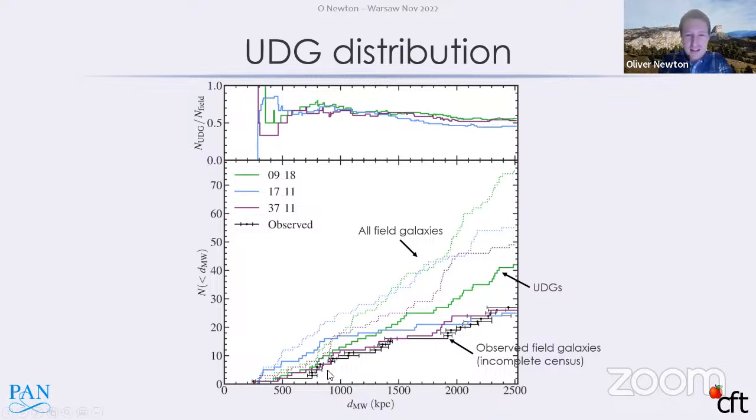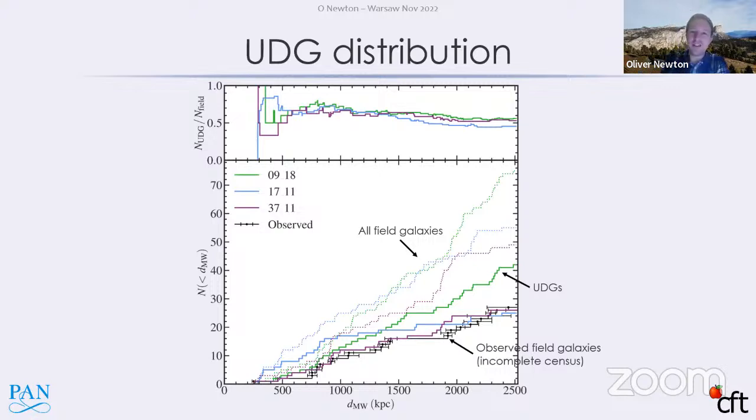And you can see that around 800, well, it's a little bit hard to see, but the signal is there, around 800 kiloparsecs from the Milky Way, it looks like the population increases more rapidly, and that's just a function of us excluding the central volumes around the Milky Way and M31 analogues. So we're not counting UDGs found in those volumes. That's why you get this kind of behavior.